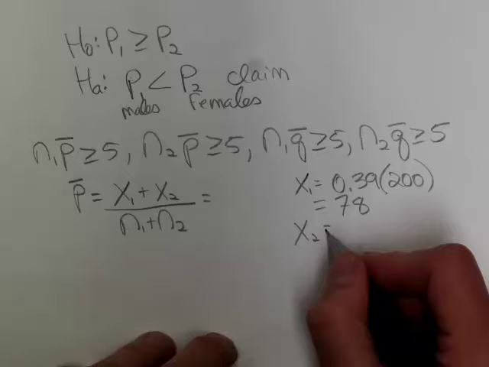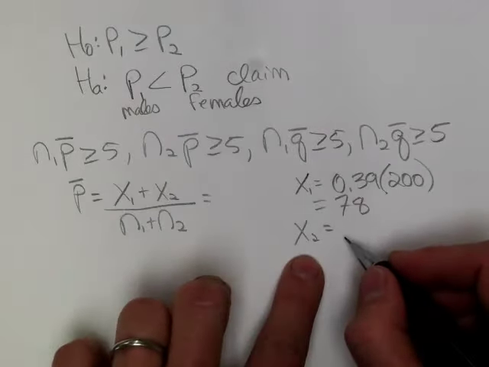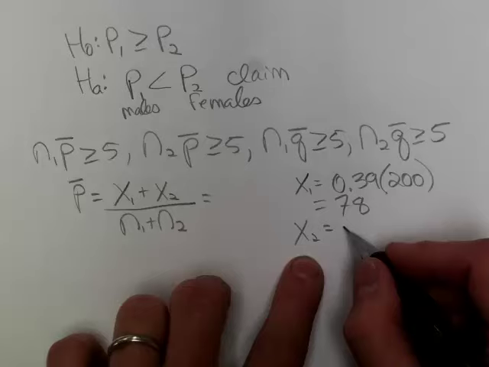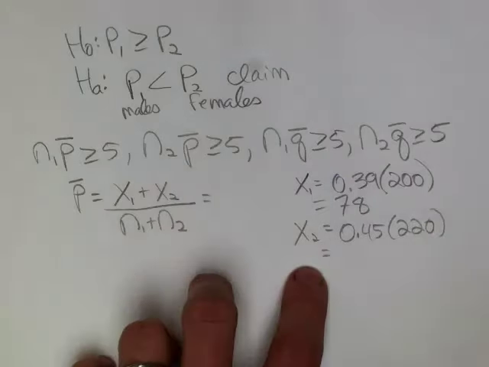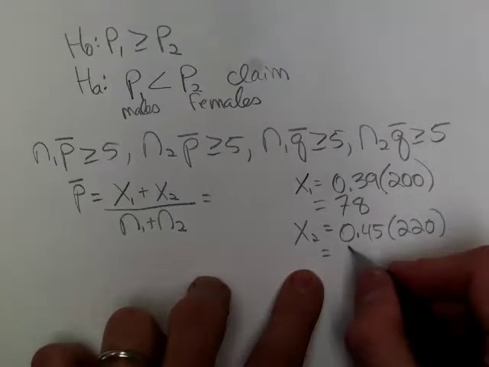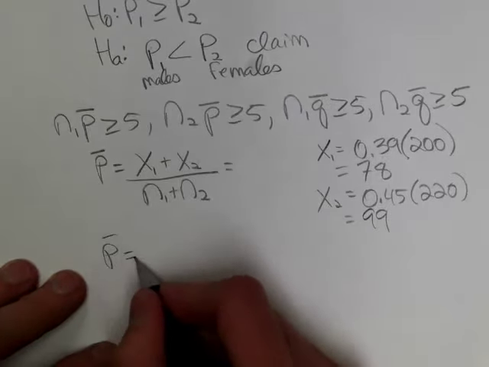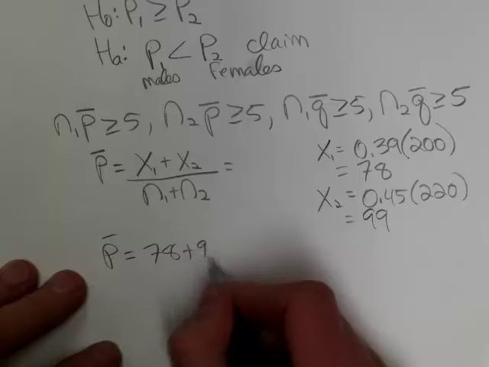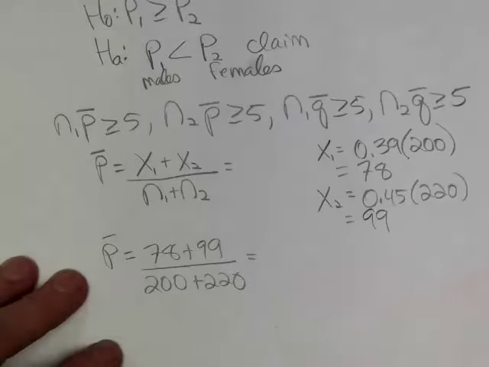And x sub 2 was for females, and it said that 45% out of 220 were enrolled in college, so that's going to be 0.45 times 220, which is equal to 99. So to calculate the pooled proportion, I'm going to add 78 plus 99 over 200 plus 220.